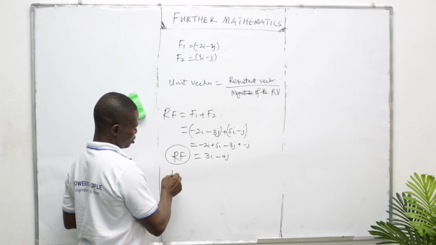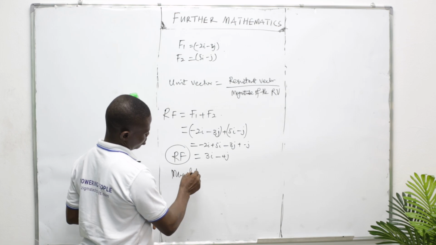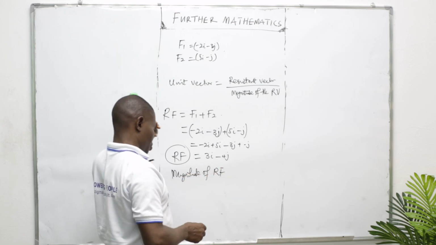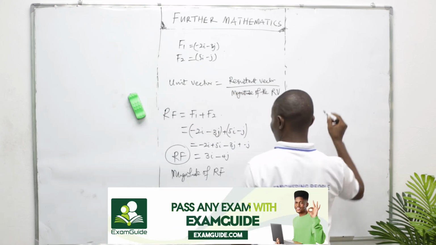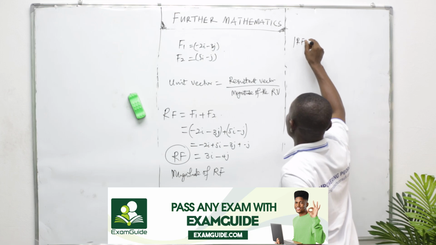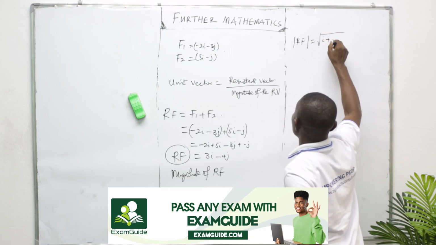Now, magnitude of RF will give me absolute RF equals square root of who? i squared plus j squared.